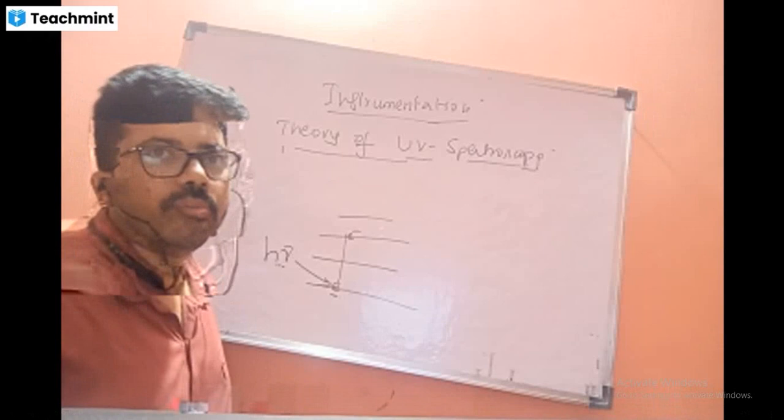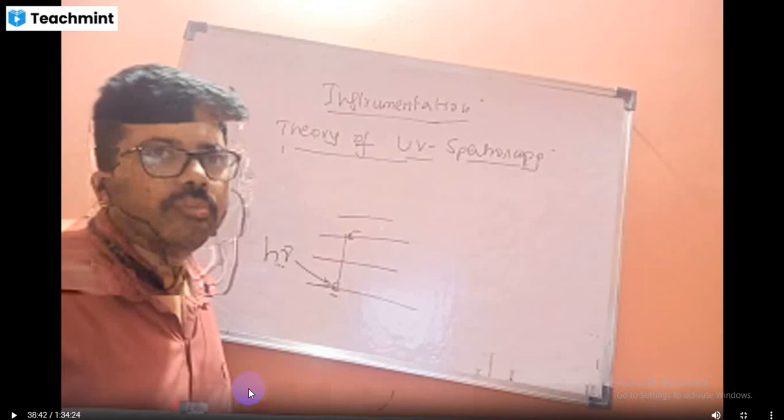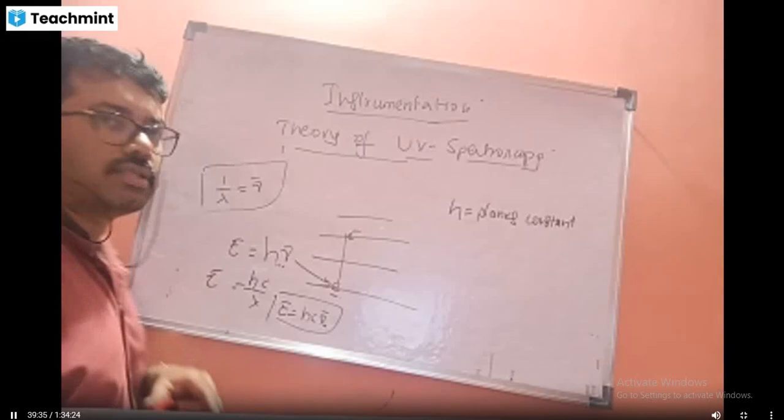From the ground state to a higher state, this effect results in the specific absorption of radiation, with its frequency and wavelength. What is frequency? Frequency is c by lambda, where c is the velocity of light.